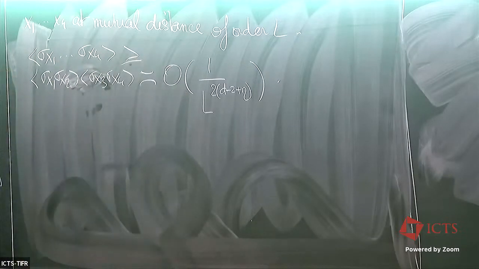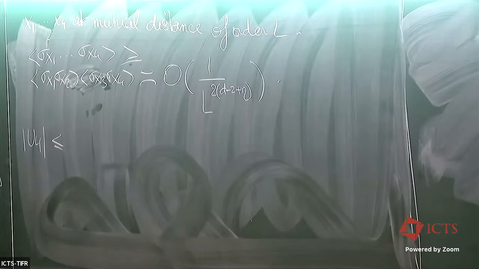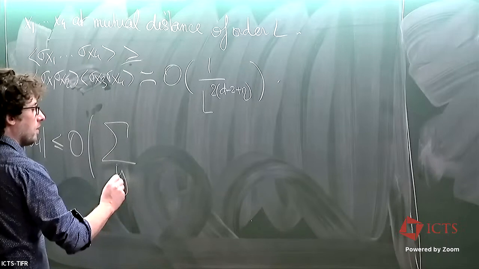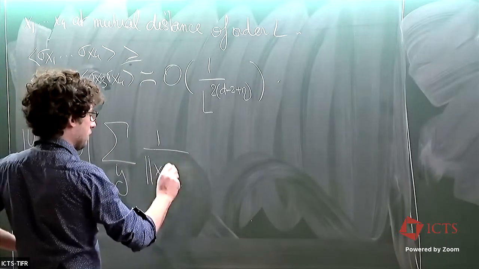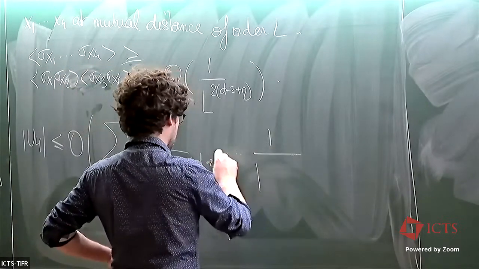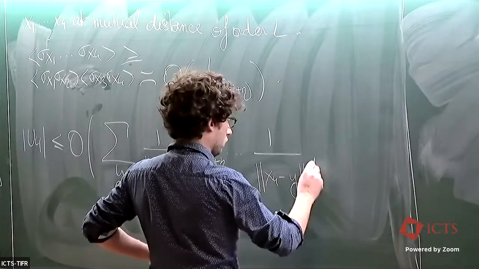Bigger, larger than this. The product of correlations is smaller than the correlation of the product. So I want now to bound U4. If I just take the tree diagram bound, I get that U4 is big O of the sum over y of 1 over |x1 minus y| to the d minus 2 plus theta, times 1 over |x4 minus y| to the d minus 2 plus theta.